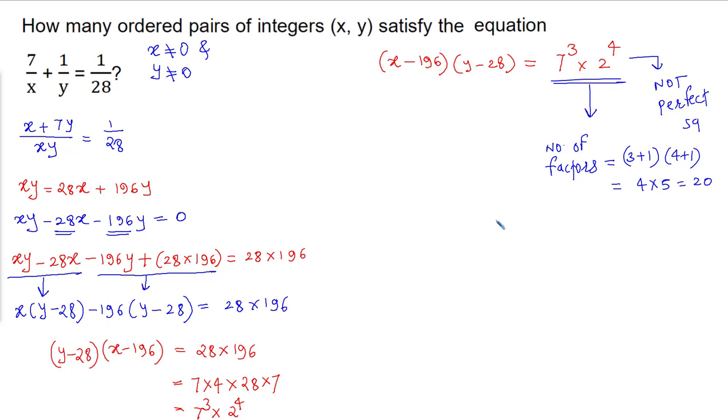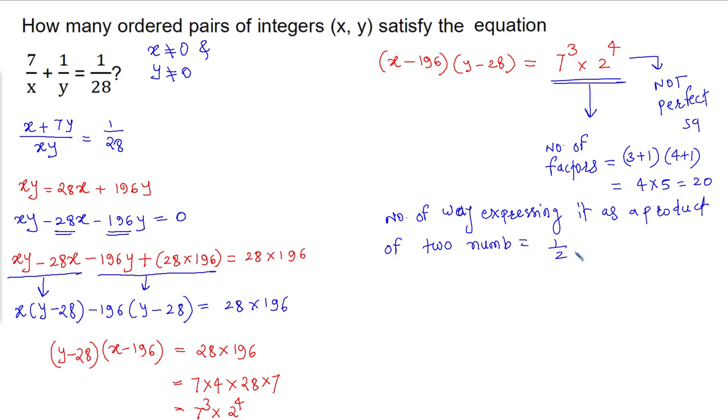The number of ways of expressing it as a product of two numbers is half into the number of factors, that is half into 20, which is equal to 10 ways, as we saw in the previous question.